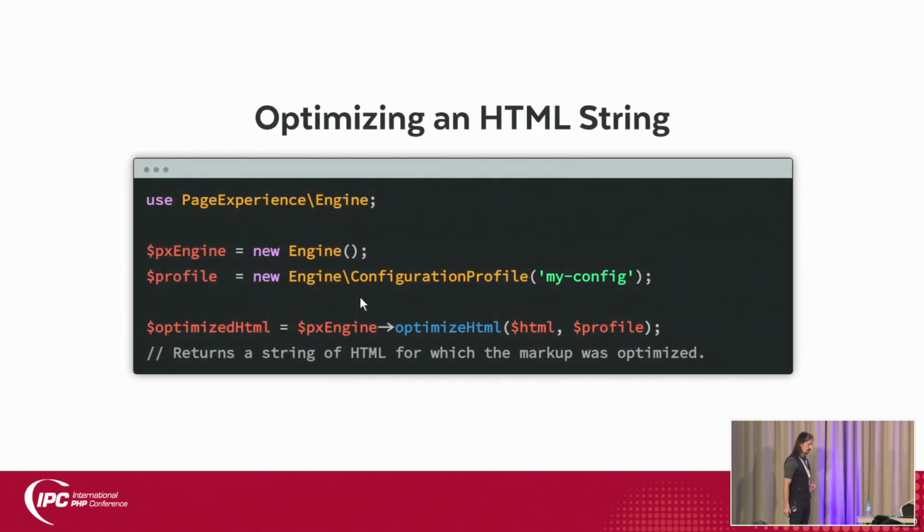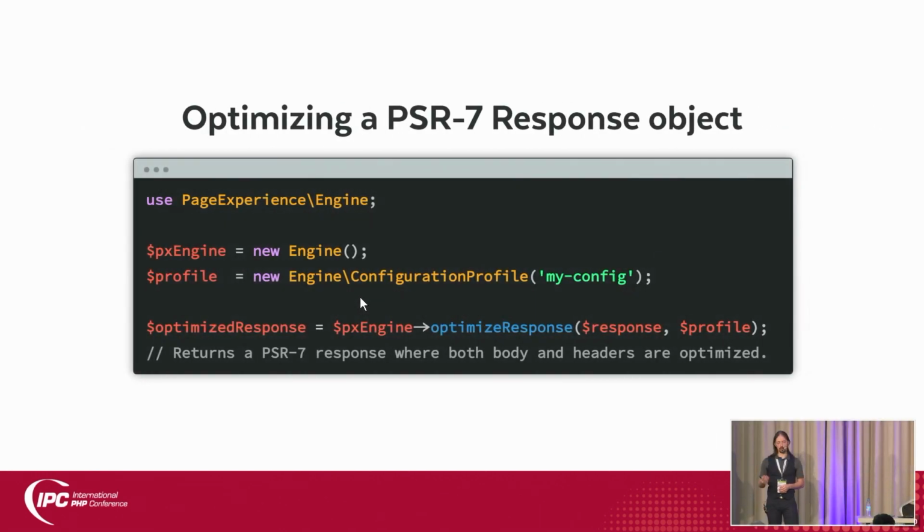And then it has two ways of optimizing in a fully automatic way. One is to optimize the HTML that works on a string. So you put generic HTML in, you get optimized HTML out, and it can also use a PSR-7 response object.